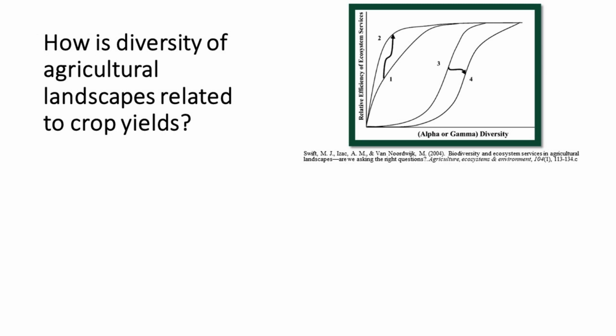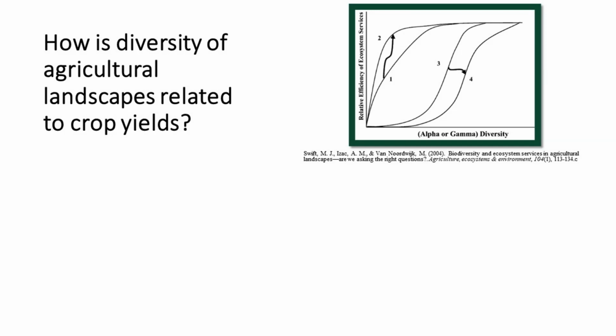Now, this question is derived from theories about ecosystem services in agricultural systems, where it's been hypothesized that when you're looking at things at a very fine scale, say at a plot or a field scale, relatively small increases in diversity can sometimes lead to very large improvements in the provisioning of ecosystem services.